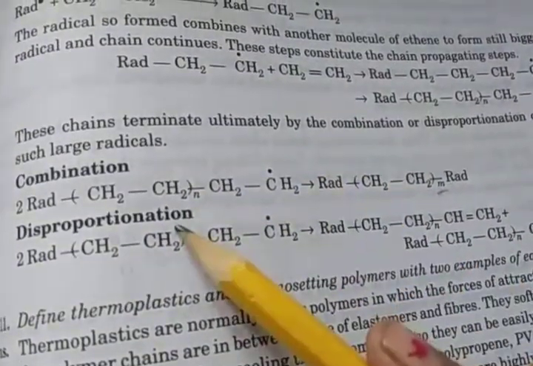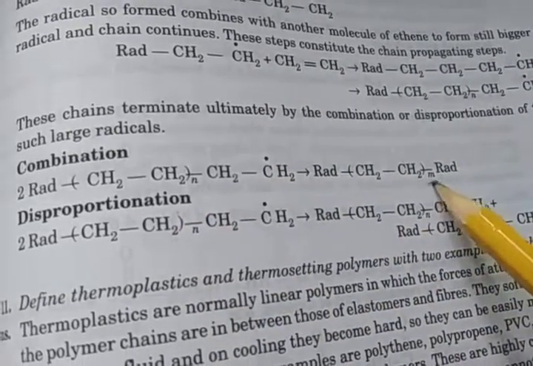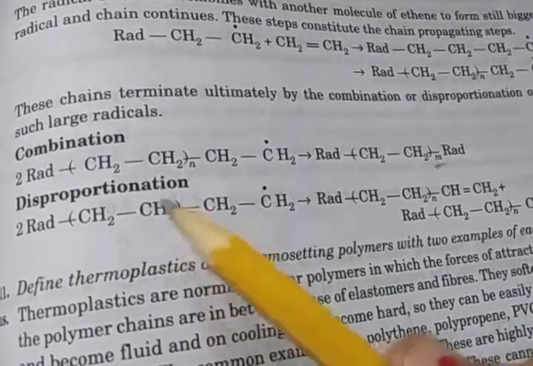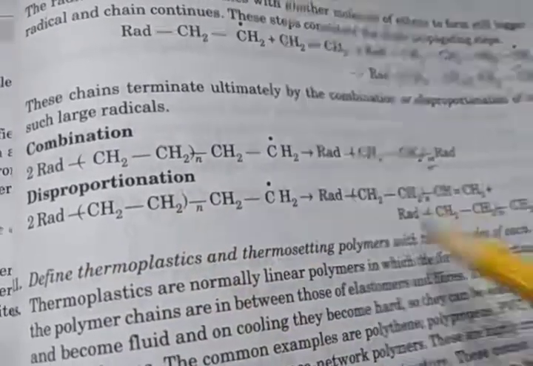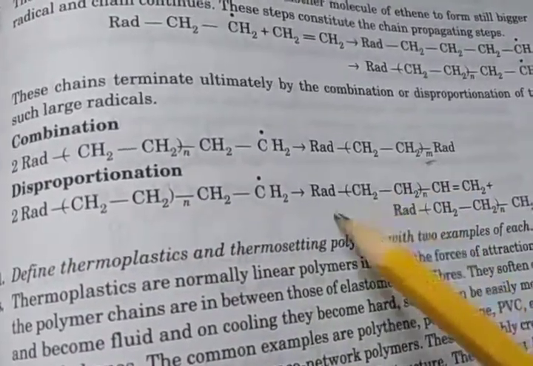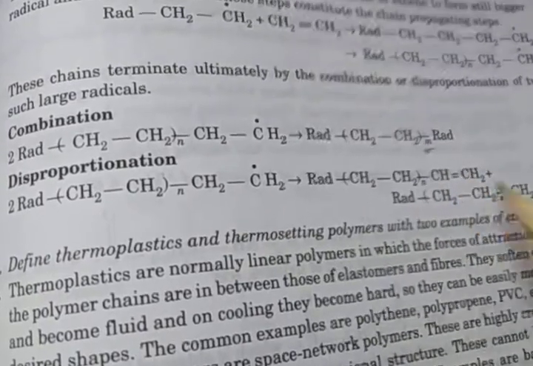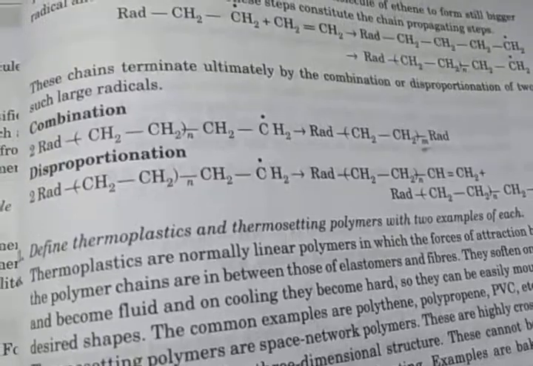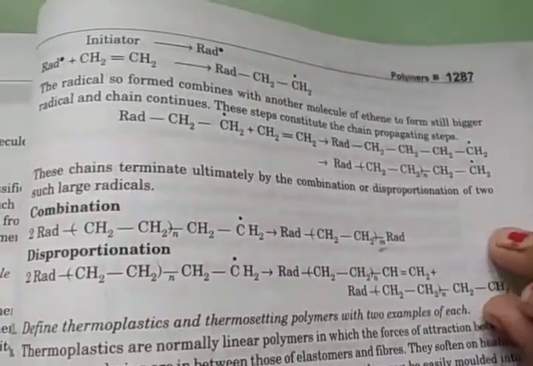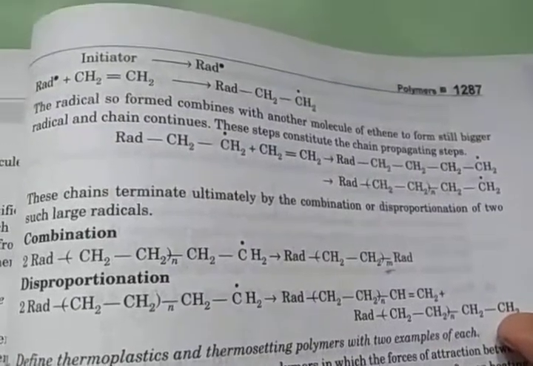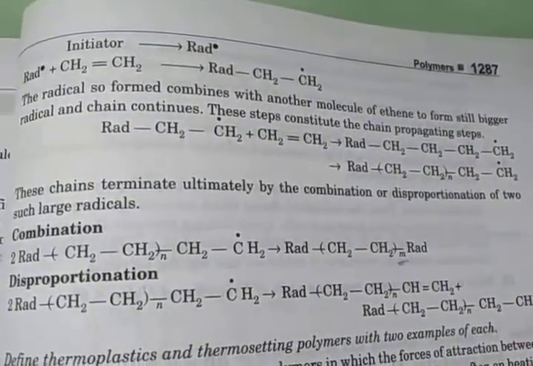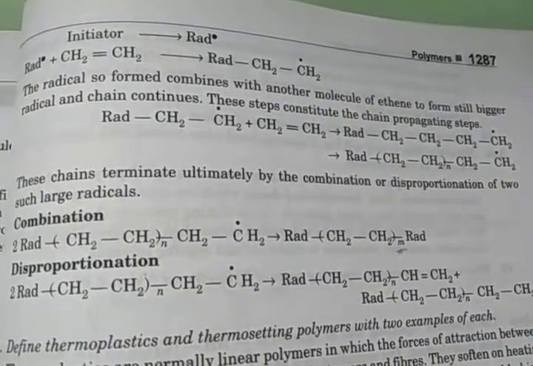After the disproportionation reaction, two types of products are formed with different oxidation states. So the free radical mechanism is complete in 3 steps: initiating, propagating, and terminating.